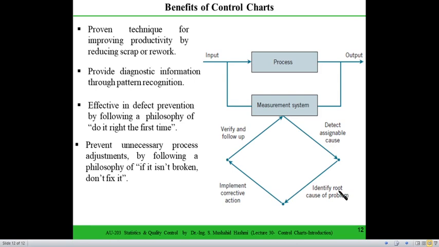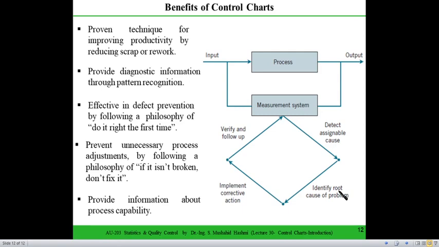It doesn't mean that you should wait for the failure, but you do not need to waste effort, for example, if there are some random variations and the process is within the control limits, then you don't need to go for any changes, because you are meeting the specification requirement.